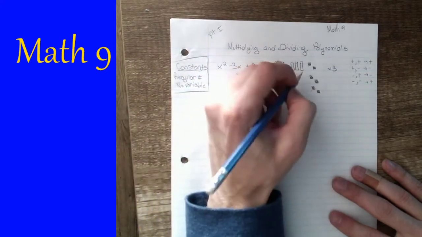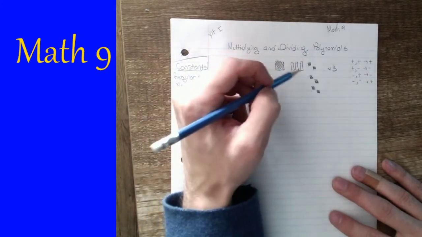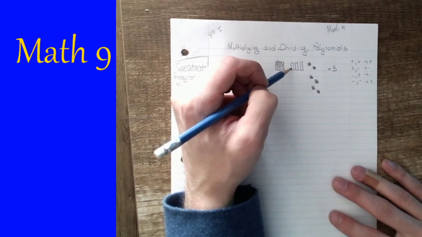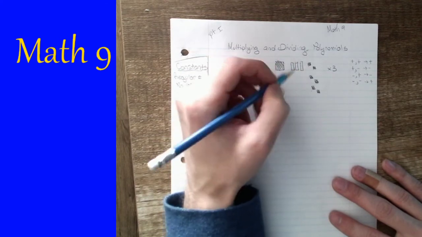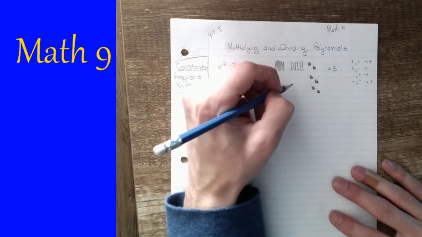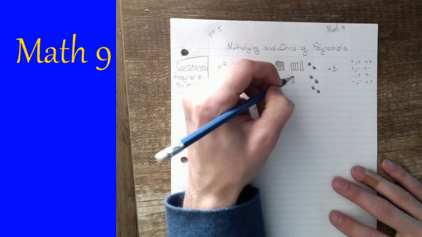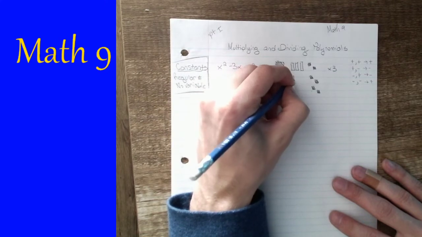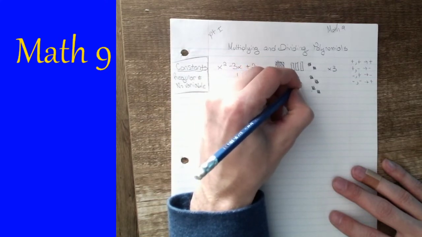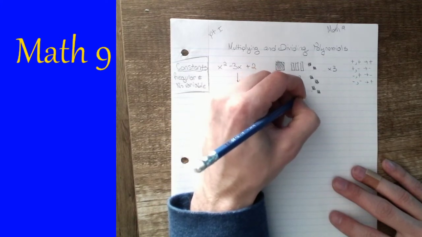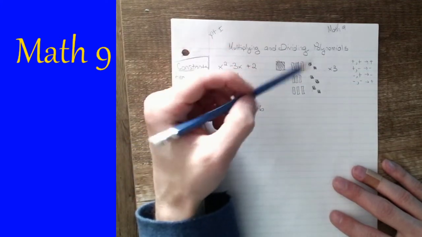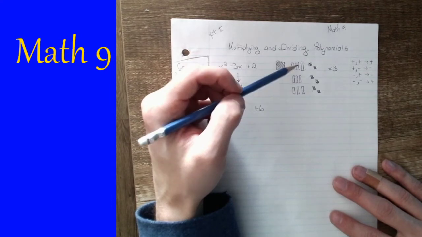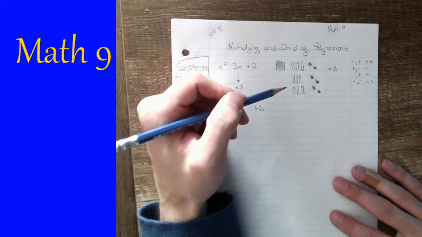So let's do 3 groups of the negative x tiles. So I have one group here. So now how many altogether? I have 9, and they're all negative.